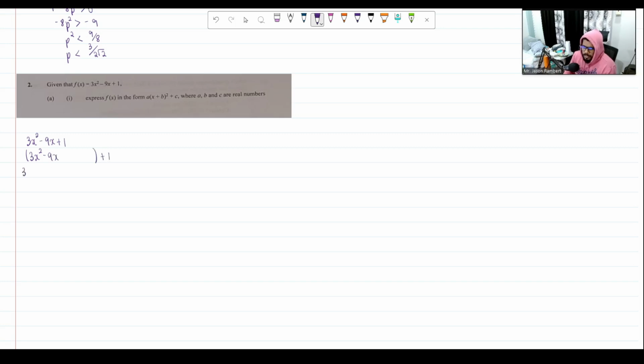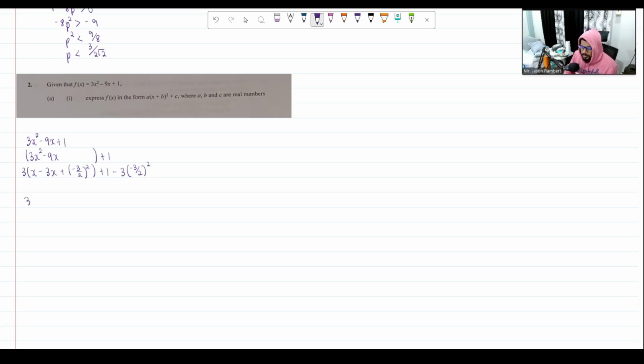Factorize out the coefficient of the x squared, x minus 3x. Now I'm going to add half of the coefficient of b, which is minus 3 over 2, to b squared, plus 1. And I need to take it away in the end, 3 into minus 3 over 2 squared. Whichever way you want to complete the square, go ahead.